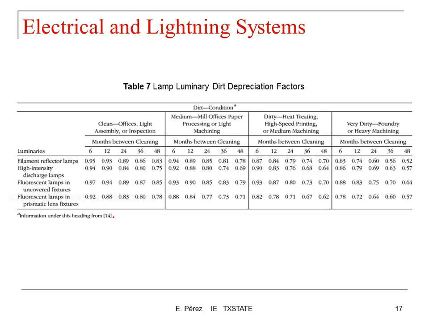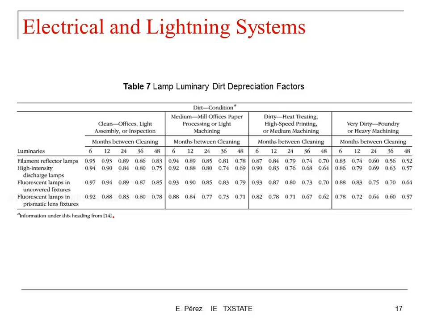And we also have some information about the dirt depreciation factor. So again, we look at the type of lamp that we have, and now we need to know what's the typical maintenance performed on this lamp, if they're cleaned every month, or if they are cleaned every 2 years, and so on. Because that's what's going to give us our estimate.